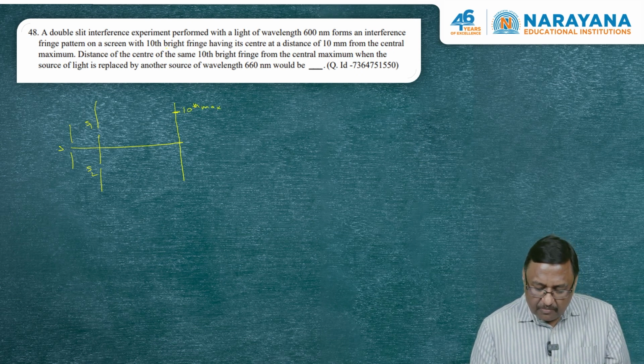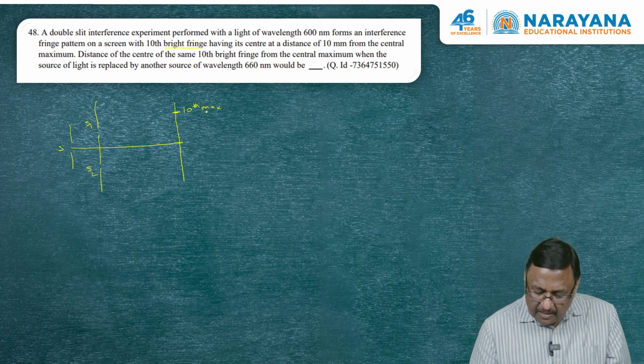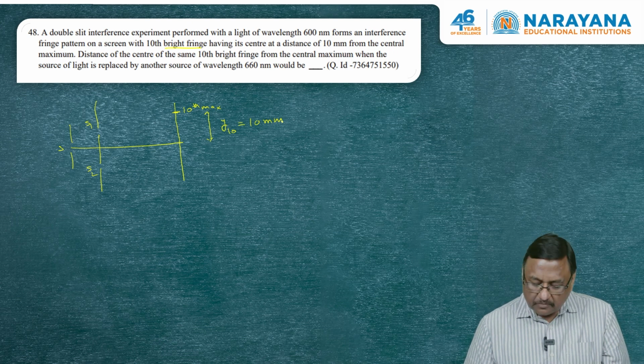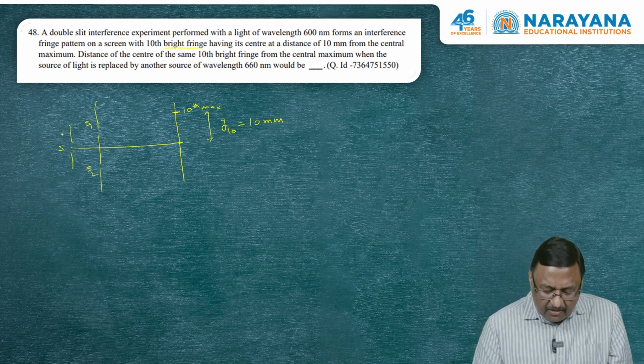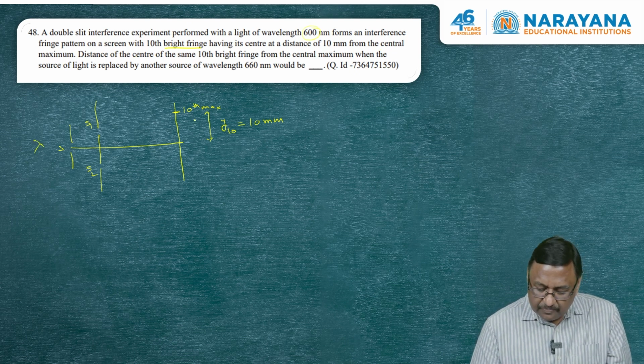So he is saying the 10th maxima is at a distance, if I denote it by y, y10 is given to be 10 millimeter. We are using the wavelength here, it is given to be 600 nanometer.